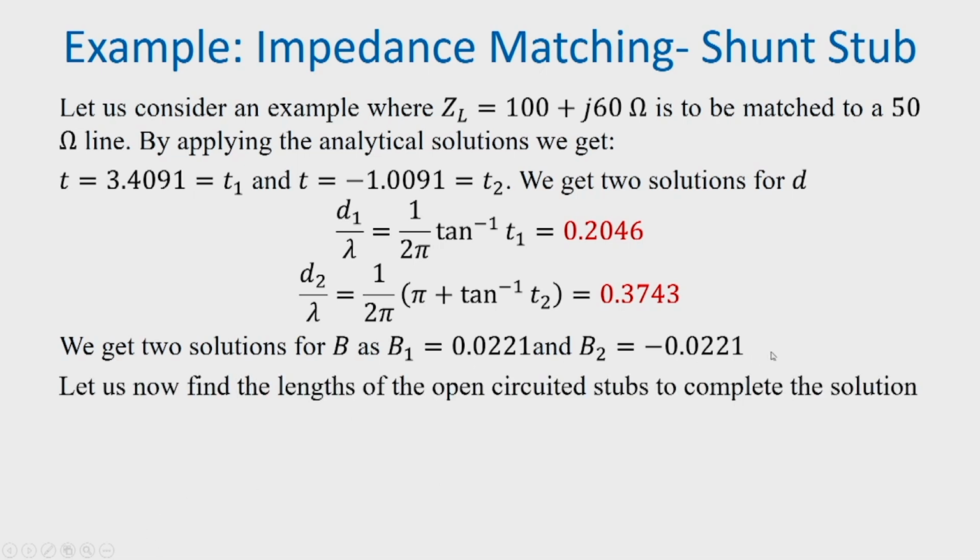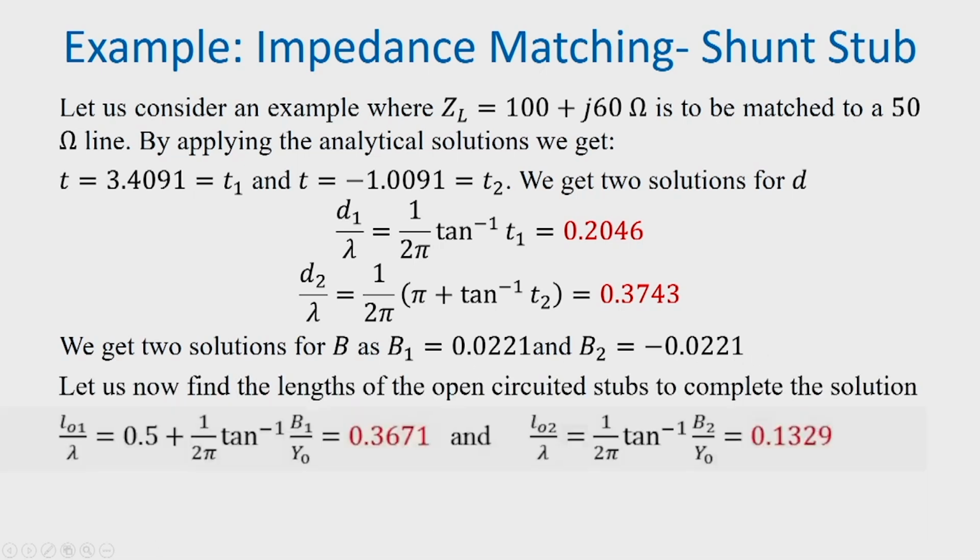Now, with these values, we can now calculate length of the open circuited stub. So, two solutions are again possible. So, LO1 by lambda is 0.3671 and this one, if you consider other value B2, this tan inverse will come out to be negative. So, we have to add lambda by 2.